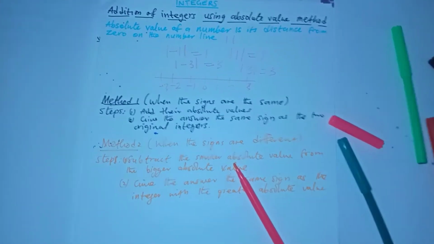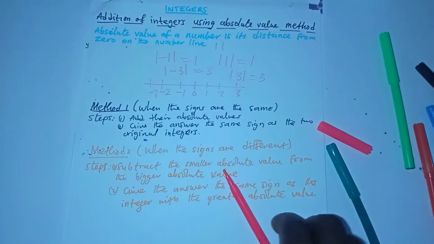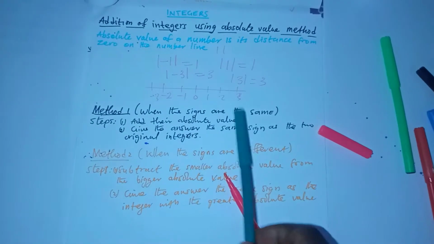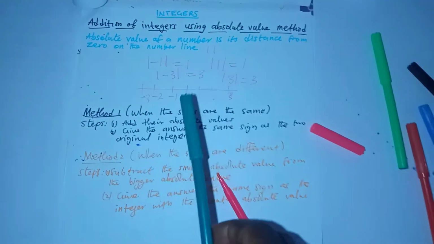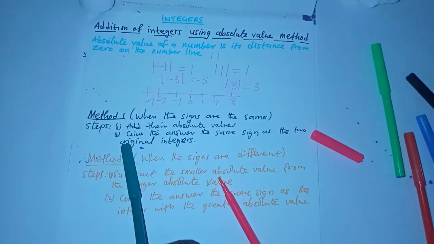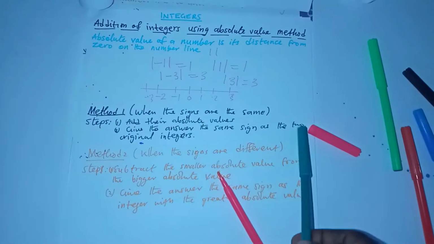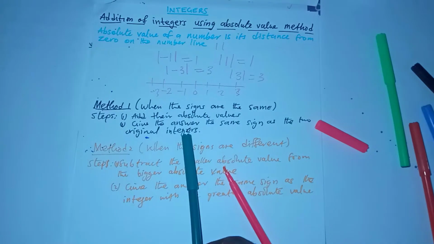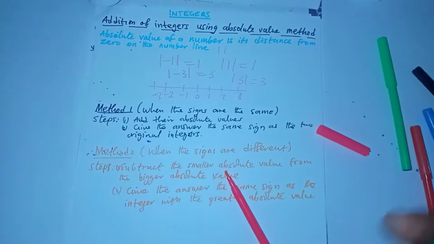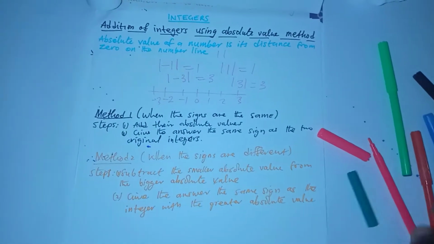So we can say that the signs are the same. So when the signs are the same, what we do is that we add their absolute values. We add the absolute values of the two integers or the integers. Then two, we give the answer the same sign as the original integers. So if originally they are all negative, like -2 plus -3, we are going to give the answer a negative sign.